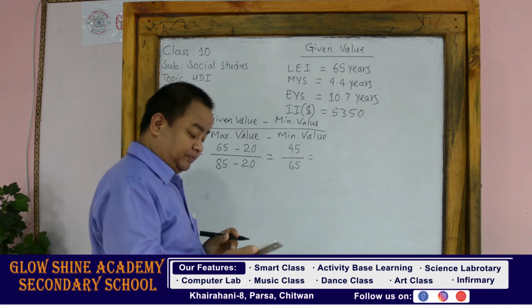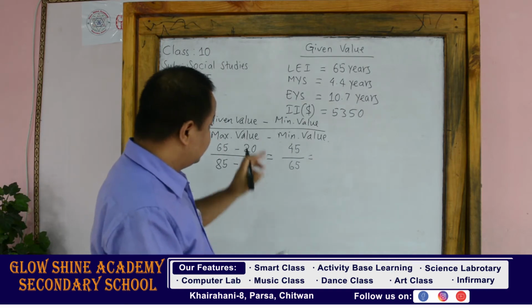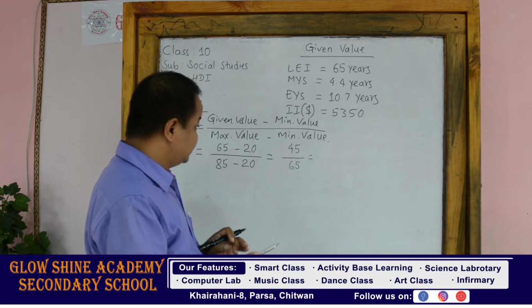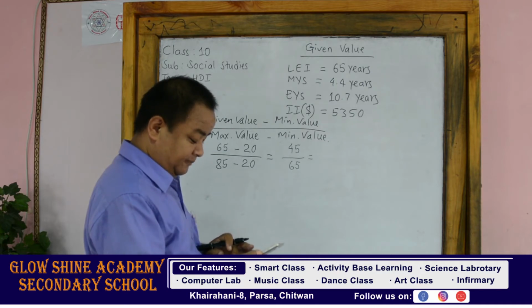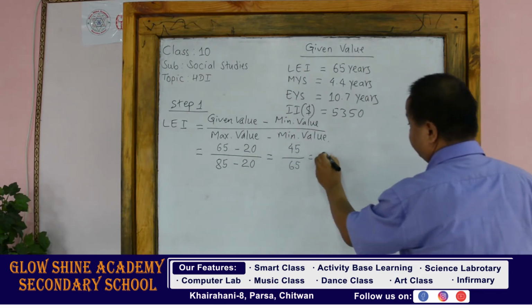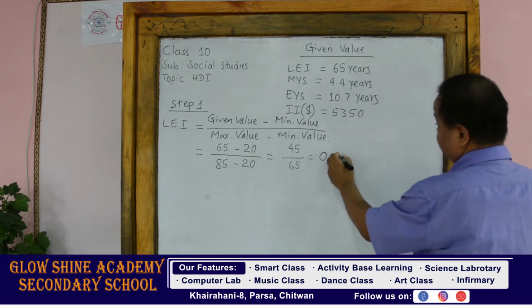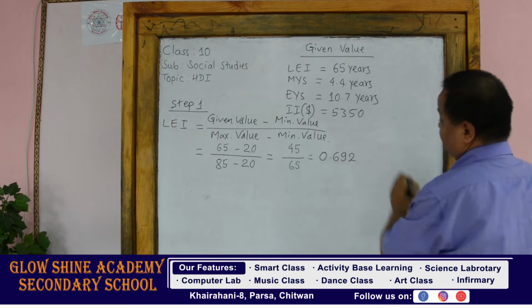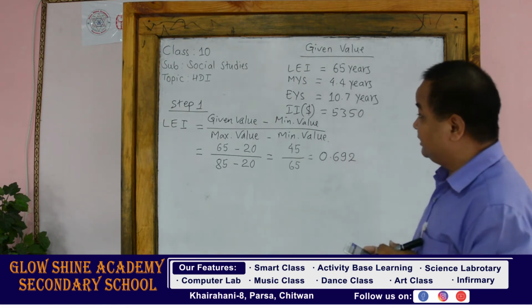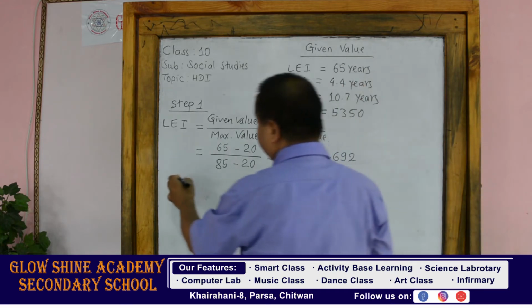Is equal to 45 divided by 65, 0.692. This is the value of LEI of the given country.